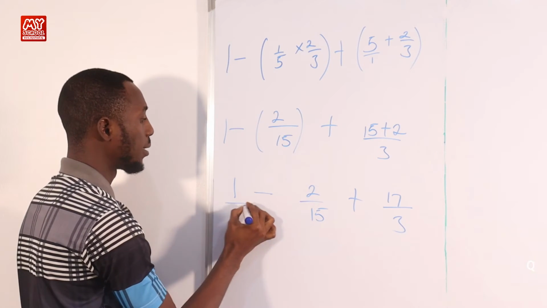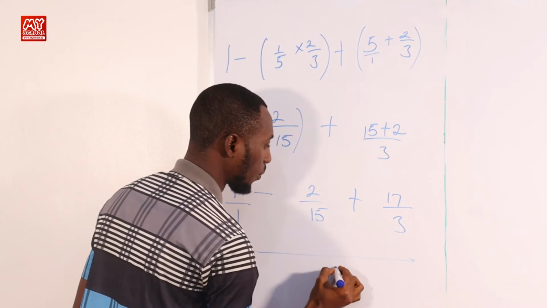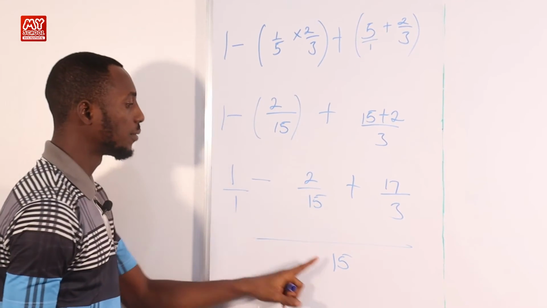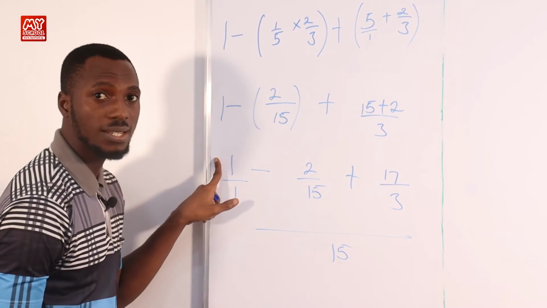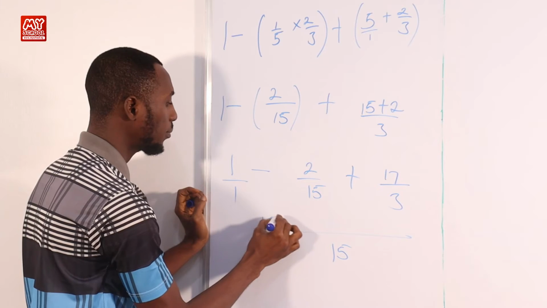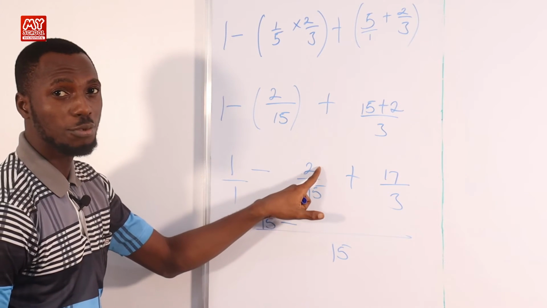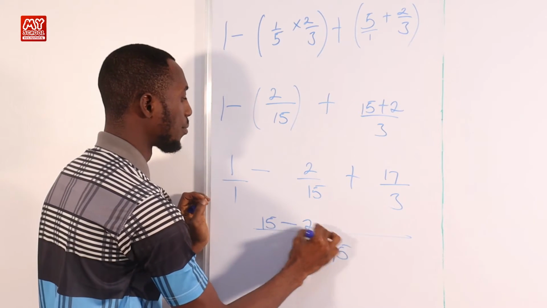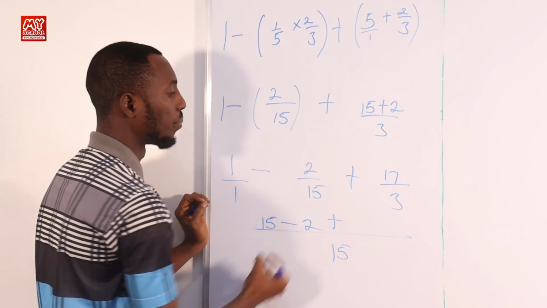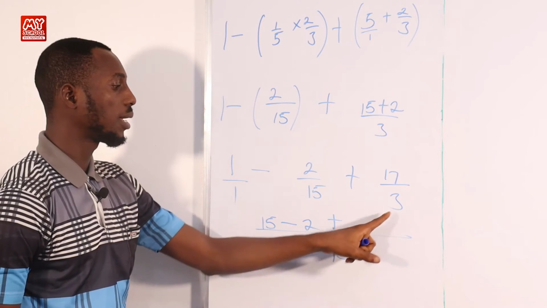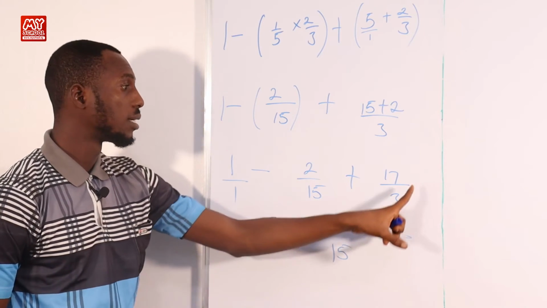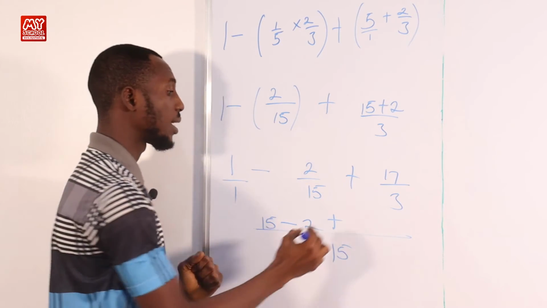So we find the LCM, which is 15. 1 into 15 is 15 times 1, that is 15, minus 15 into 15 is 1 times 2, that is 2, plus 3 into 15 is 5, times 17, that gives us 85.